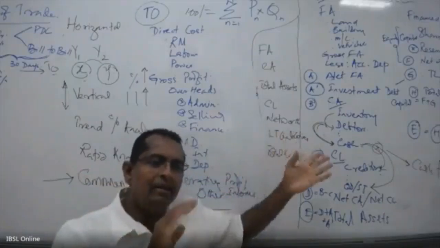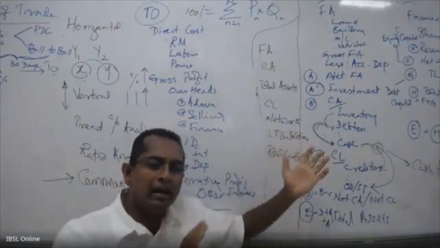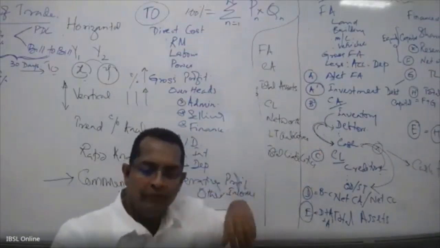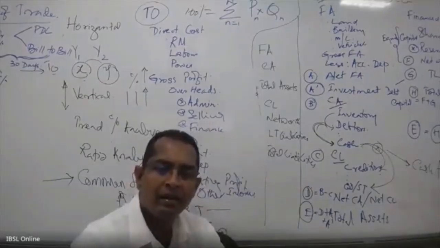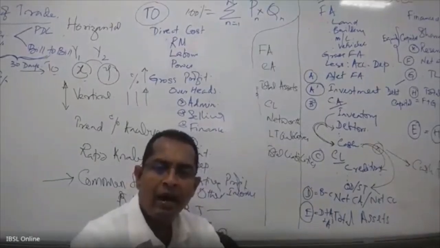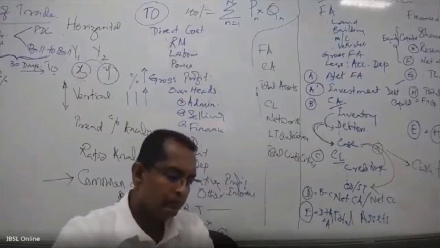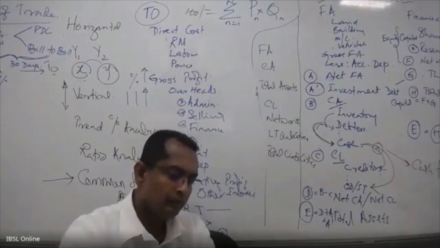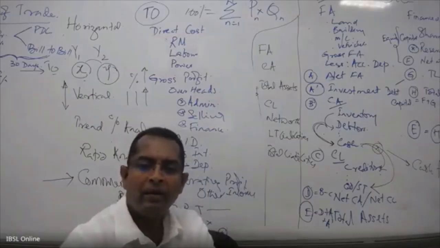The reason is that current liabilities will be settled by liquidating current assets. So if we say current assets is 100 and this is 75, the ratio is 1.3.